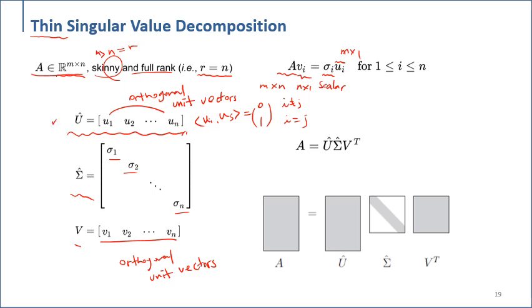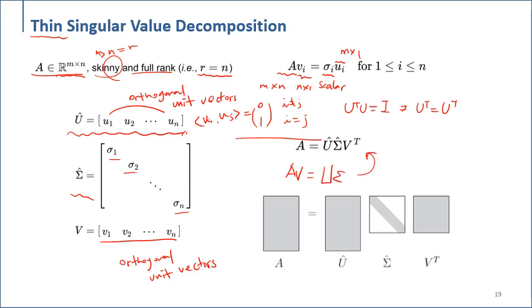From linear algebra, we know that orthogonal unit vectors satisfy this condition, so U transpose U is equal to the identity matrix. From that, U transpose is just the same as U inverse. From the previous slide, we constructed the matrix equation AV is equal to U times sigma.